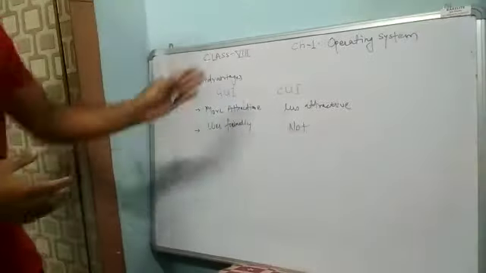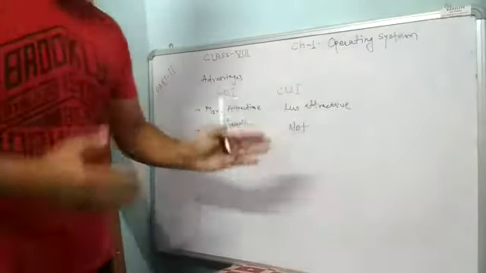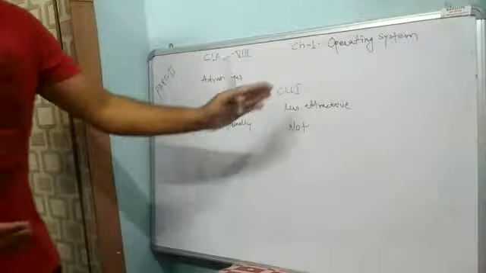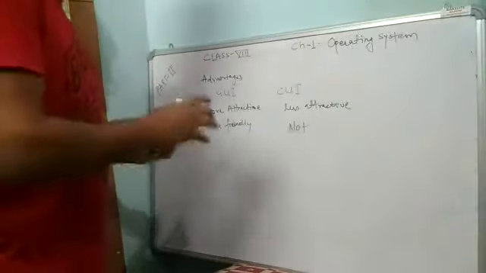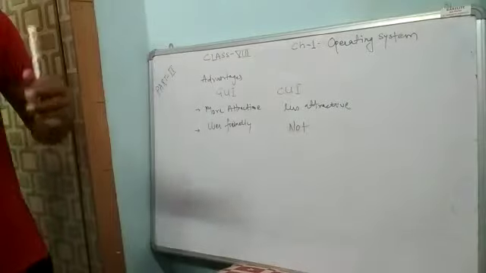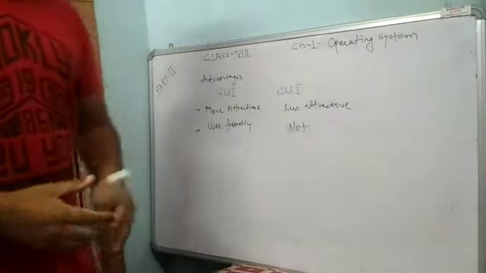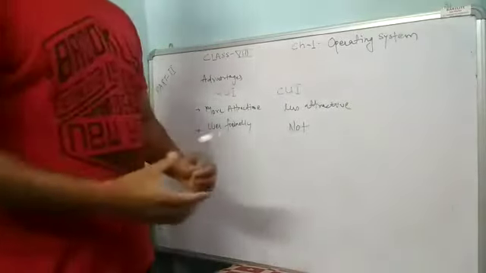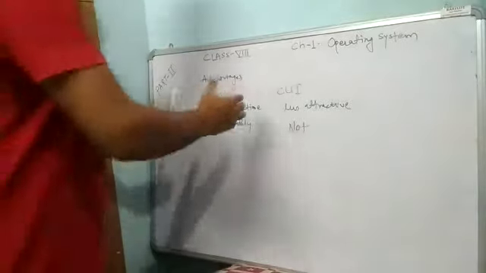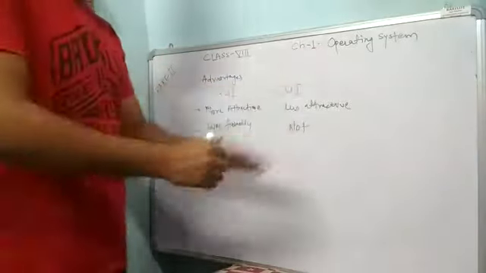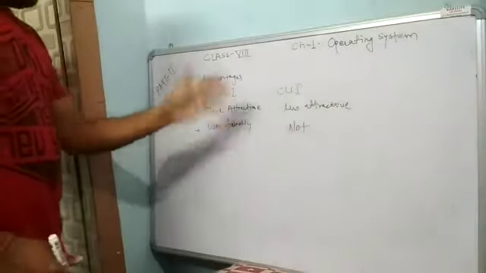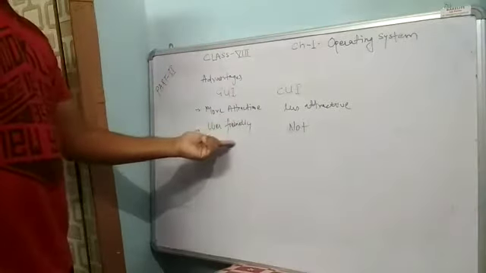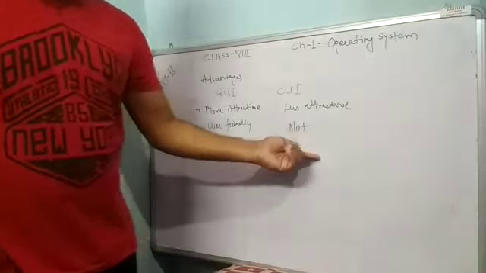But on the other hand, I told you that CUI does not use any graphical interface, which means if you want to perform any kind of operation on the system, you have to write a command. If you want to open a file or a folder, you need to write a command. So GUI is user friendly and CUI is not user friendly.